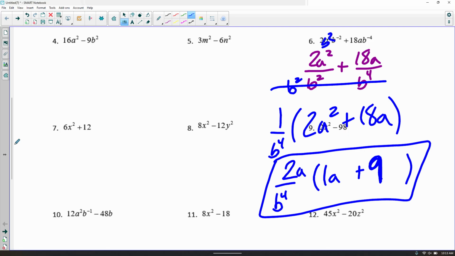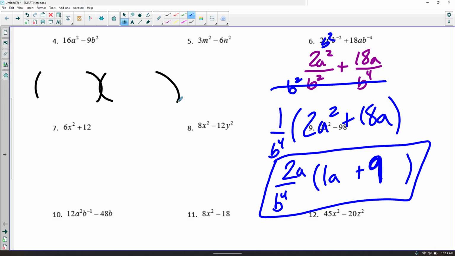Anybody see any up here that you want to see real quick? Guys, the main thing is, do you know the pattern? I mean, GCF is going to happen. You just have to know how to, and you guys are fairly decent with that.